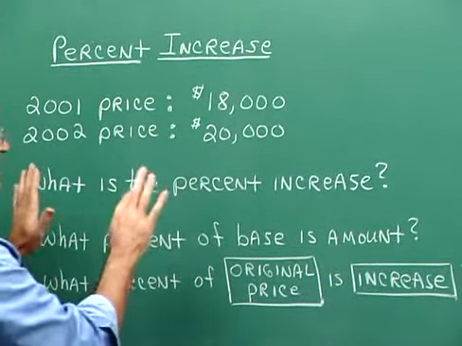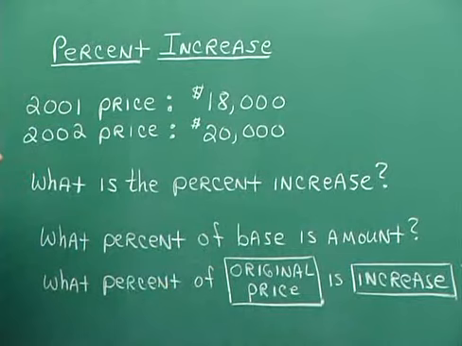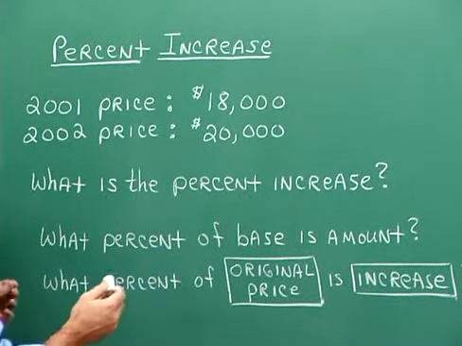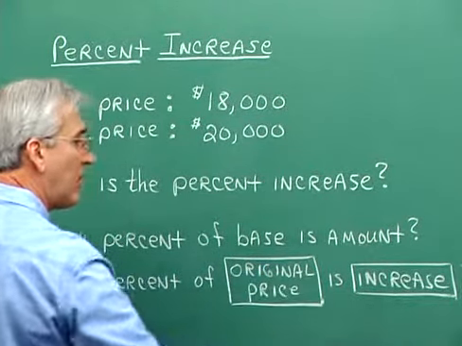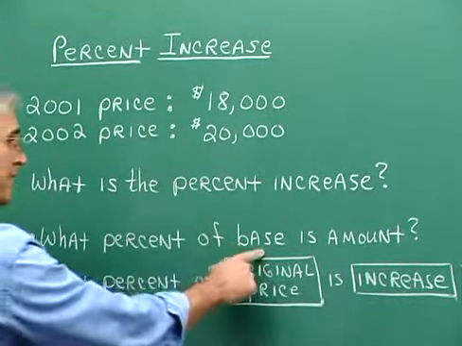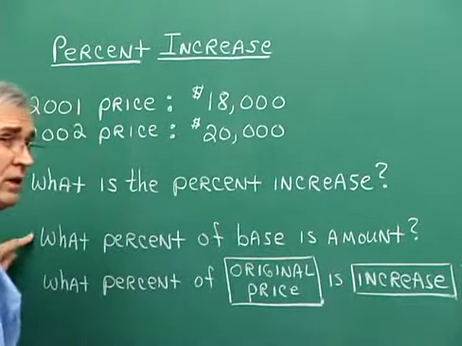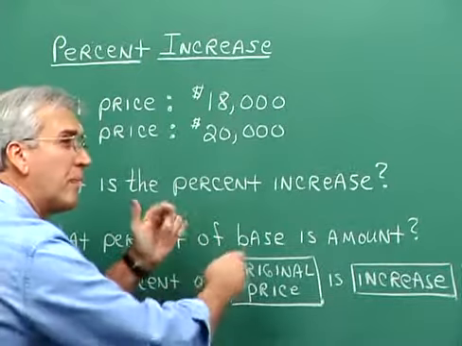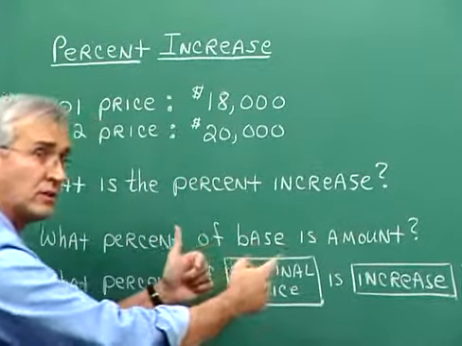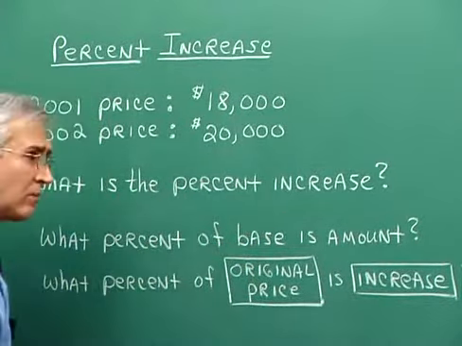Now, we can relate this back to something that we've had before. Remember, we had a percent equation before, and that percent equation worked like this. It was what percent of some base is some amount. So it was percent times base is equal to amount. Now, when we apply the notion to our problem right here, the base price is the original price of the automobile.